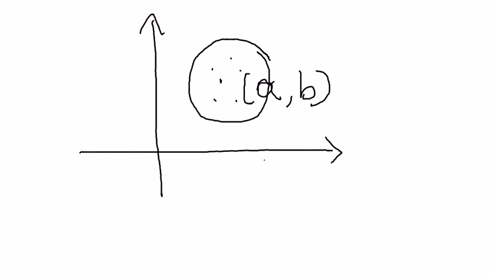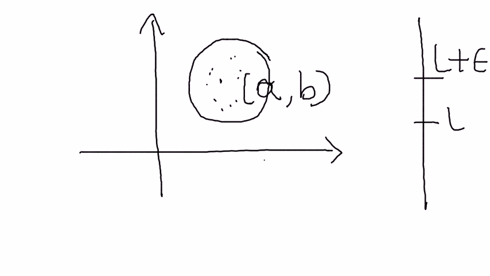So for all points in this circle, there must be a corresponding number. If L is the limit, then we have this as L plus epsilon, here is L, and L minus epsilon. For every point in this circle, there is a number between L plus epsilon and L minus epsilon.